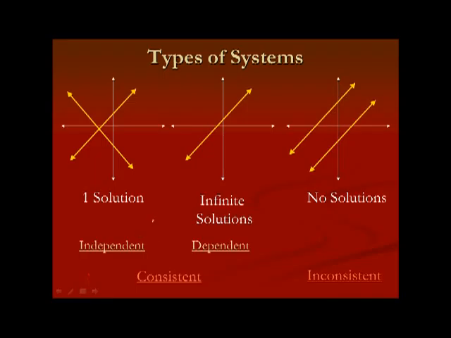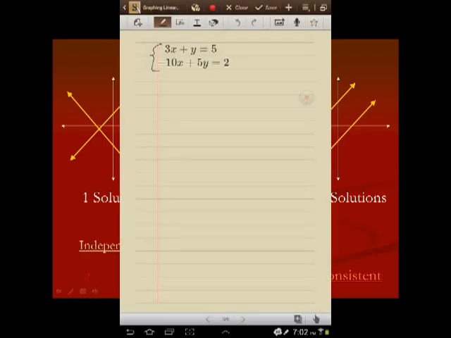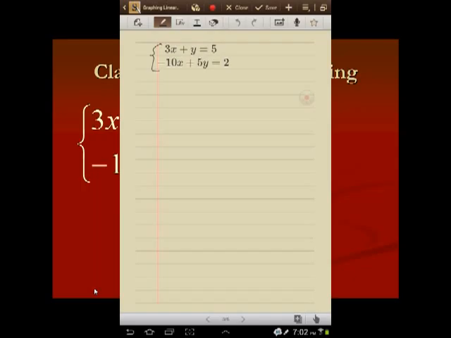So now what we want to do is look at an example, and we want to tell what kind we have without graphing. We need to get these into their forms so we can tell whether we have parallel or intersecting whatever we have.